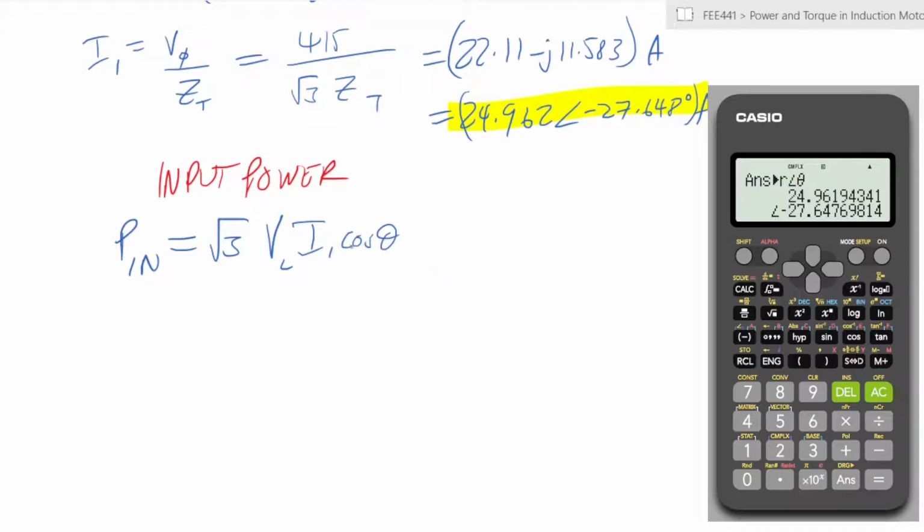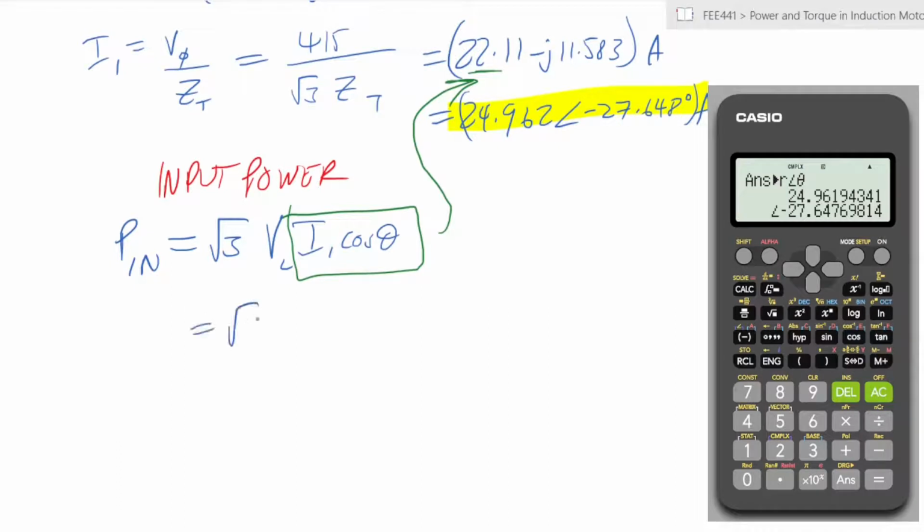However, we can also say that this element here is given by the real part of the current. Remember we are looking at power. The real part of the current is the active power, and the imaginary part of the current is the reactive power. So a shortcut would be you multiply that by the real part, which we have already known in the previous one.